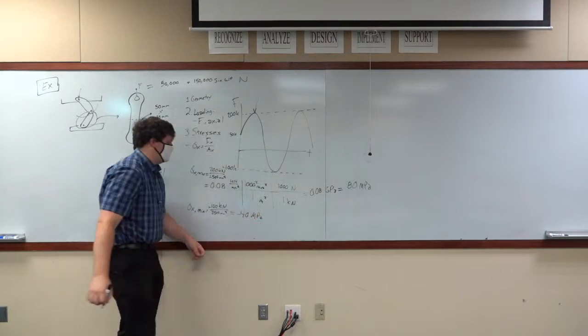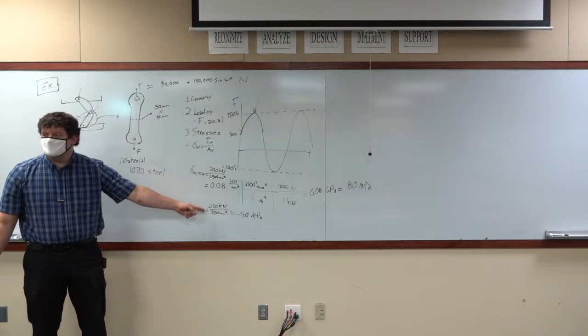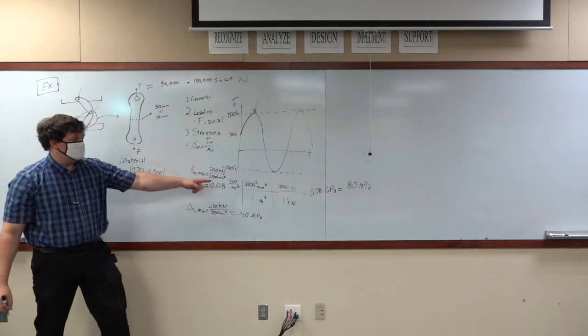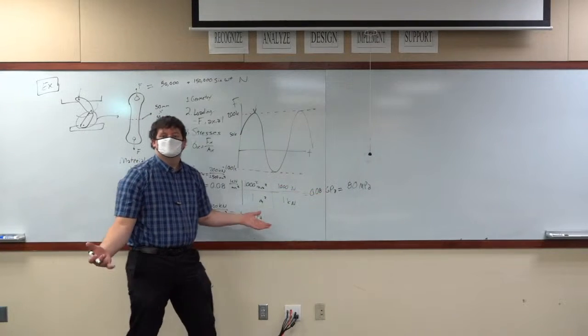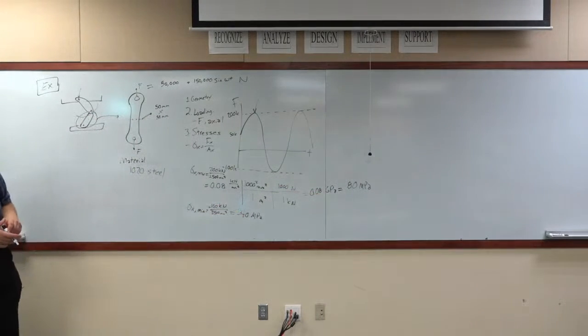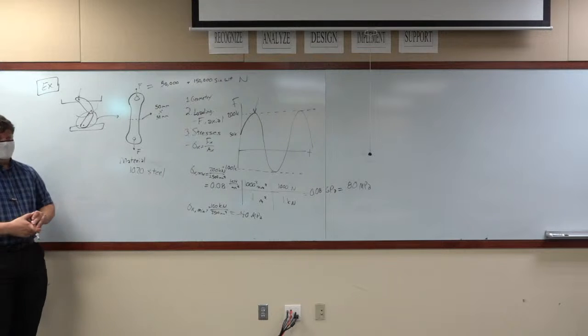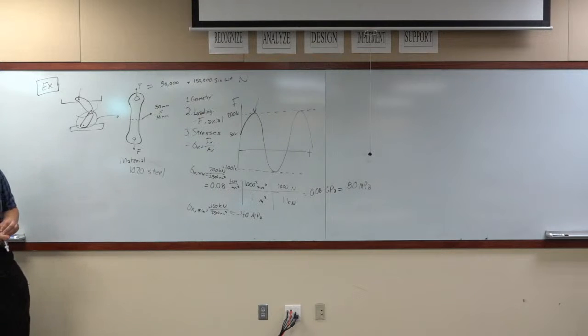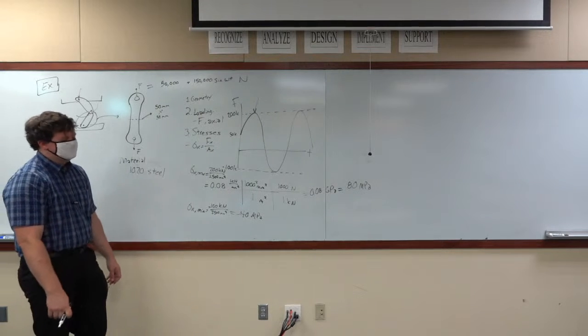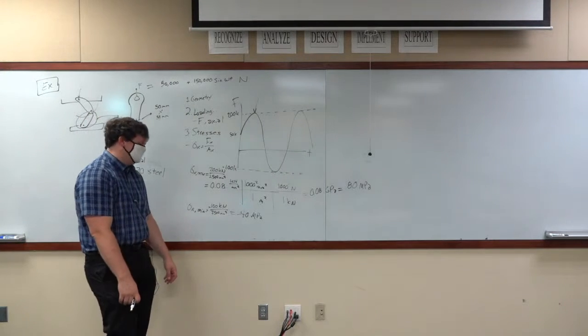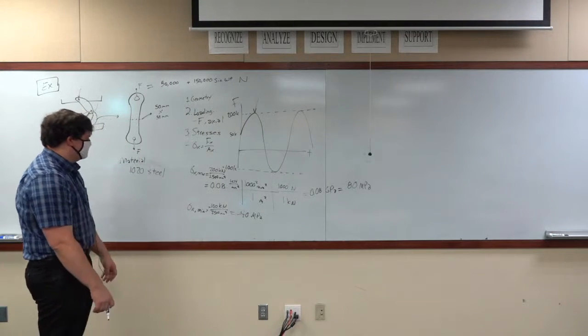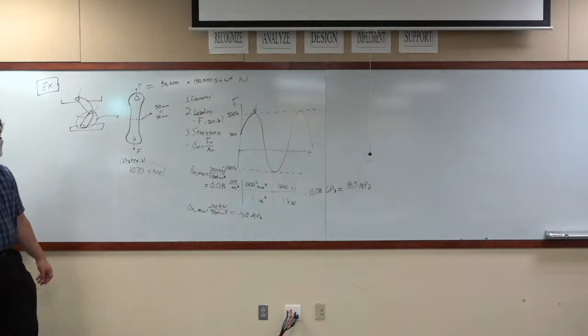You can check my math there, but it's half the loading, so it's going to be half the stress. I can do that one in my head, thankfully. Dang it, because already I'm struggling with multiplying fives.